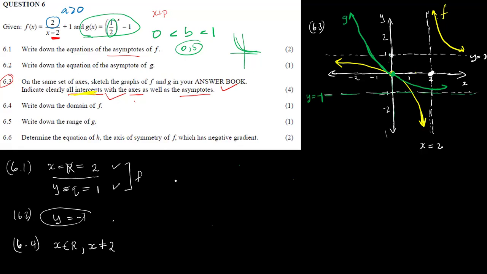And then 6.5 says, or if you don't want to use this notation, maybe you can use set builder notation. You say x is an element of this set. We don't include 2, right?